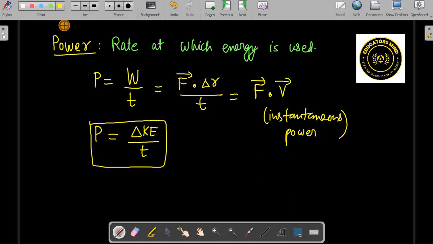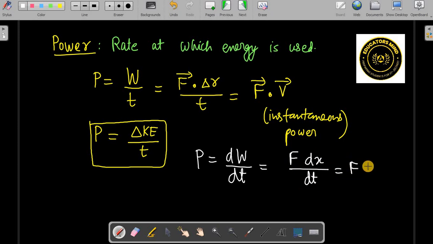You may also write power as small work done by small t. Here work done is force into the small displacement that has happened. Assuming force is constant, force will come out, so this is force into dx by dt, which is velocity: force into velocity. Of course it's a dot product, so this dx can be written as dr in general.